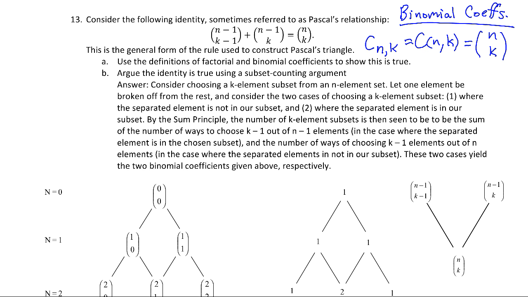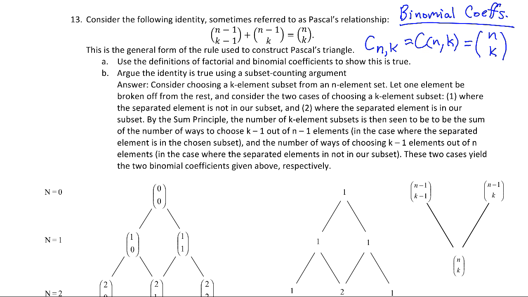It is not a fraction. It's just n above k, and this is the notation that's being used in this problem to notate the binomial coefficients. Okay, and it says use the definitions of factorial and binomial coefficients to show this is true.